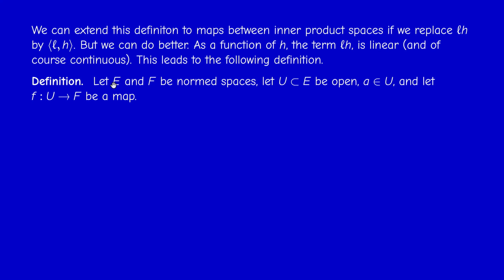So we have two normed spaces E and F, and U an open subset of E, and a point a in U, and you have a map f from U to F. Okay, so the map need not be defined on the whole space, but it's defined on an open subset of the space.